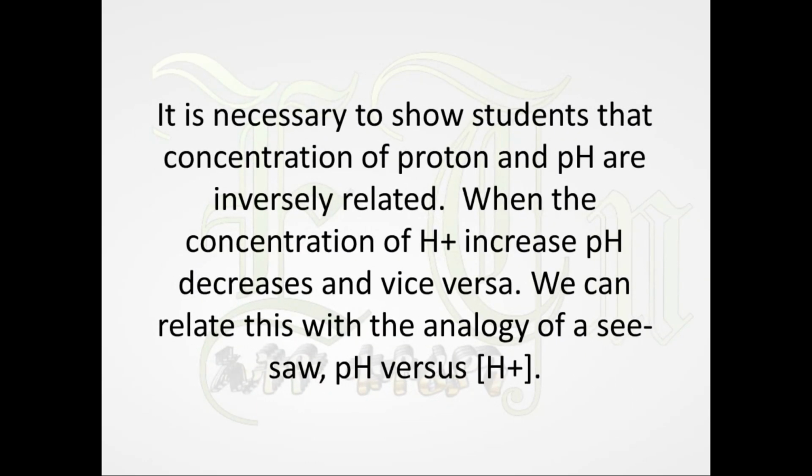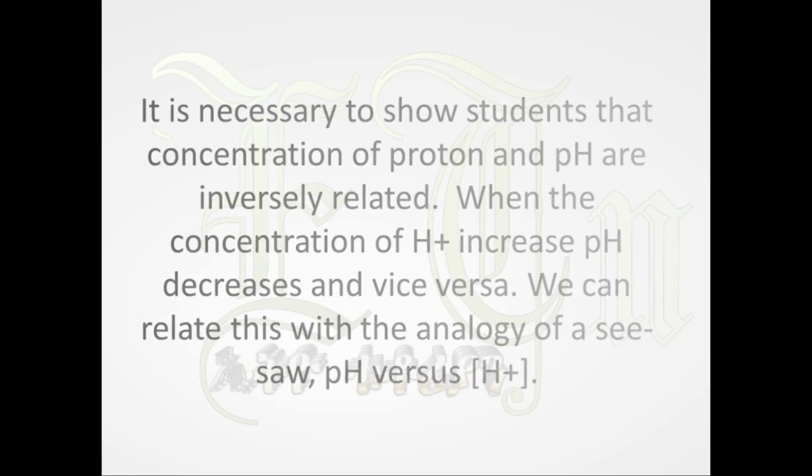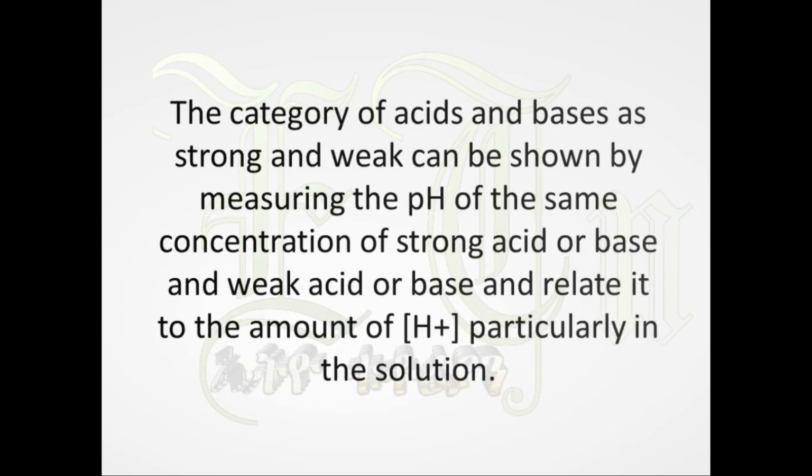It is necessary to show students that concentration of proton and pH are inversely related. When the concentration of H+ increases, pH decreases and vice versa. We can relate this with the analogy of a seesaw, pH versus H+.